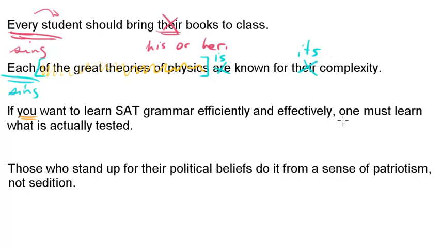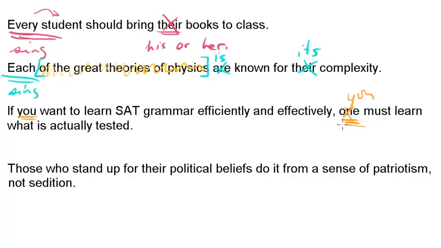Notice then in the second part of the sentence, we have "one." You can't mix up pronouns like this. You'd have to be consistent. You either have to say, "If you want to learn SAT grammar efficiently and effectively, you must learn what is actually tested," or you can use "one." You could say, "If one wants to learn SAT grammar efficiently and effectively, one must learn what is actually tested."